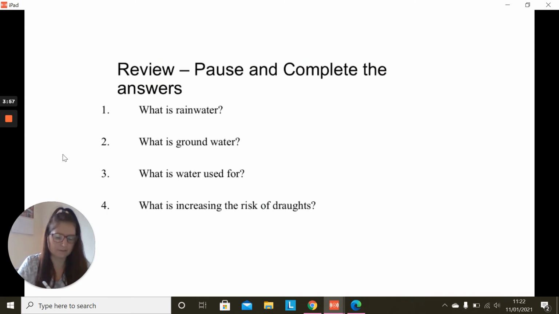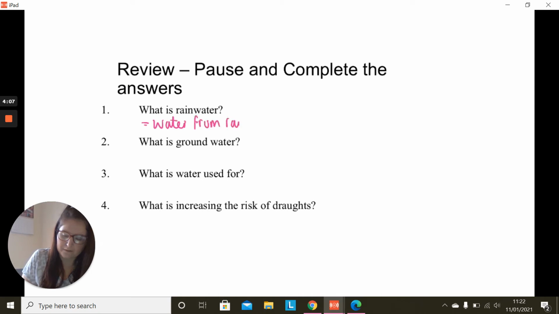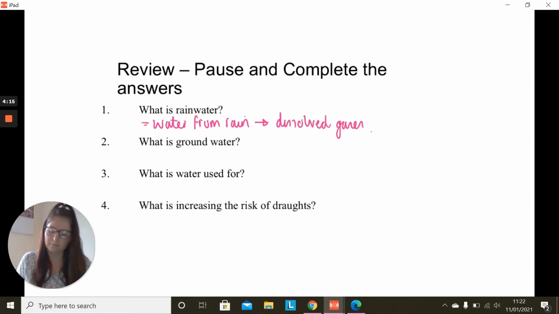Okay, so let's go through the answers. What is rainwater? It is water from rain, and it includes dissolved gases. Then we've got groundwater. What is groundwater?